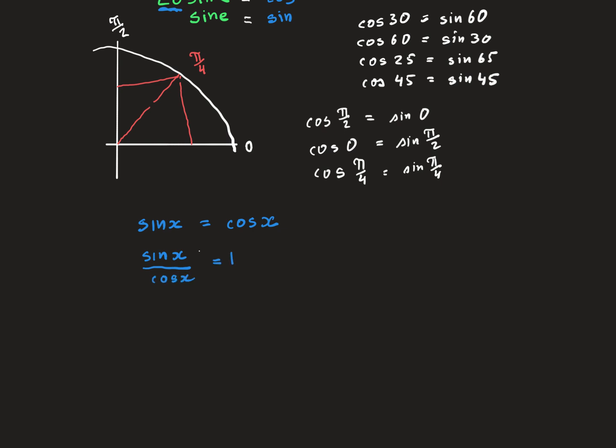And we know that sine x over cos x is really tan x, which is equal to 1. So x therefore is equal to tan inverse of 1, and you'll find out using the calculator that it is 0.7853, which is the same thing as pi on 4.